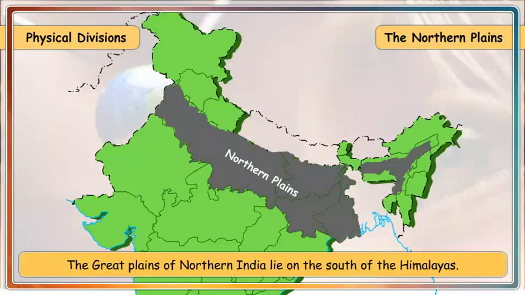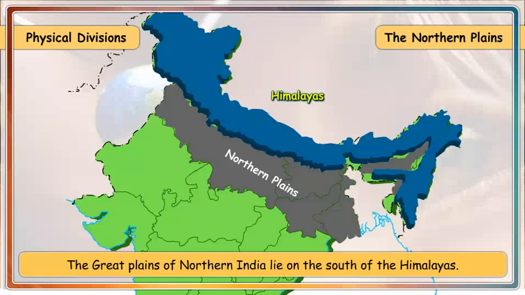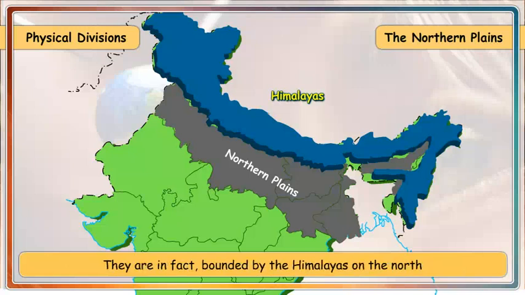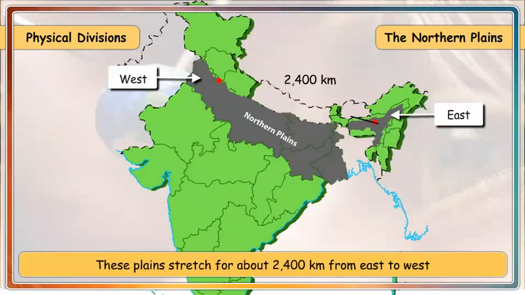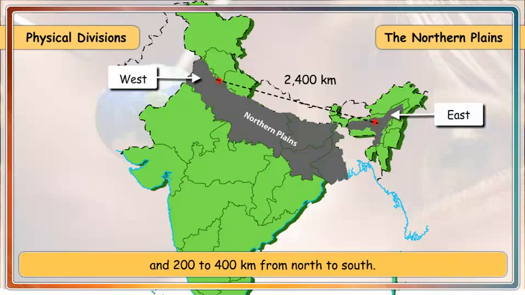The Northern Plains. The Great Plains of northern India lie on the south of the Himalayas. They are in fact bounded by the Himalayas on the north and the Deccan Plateau on the south. These plains stretch for about 2,400 km from east to west and 200 to 400 km from north to south.